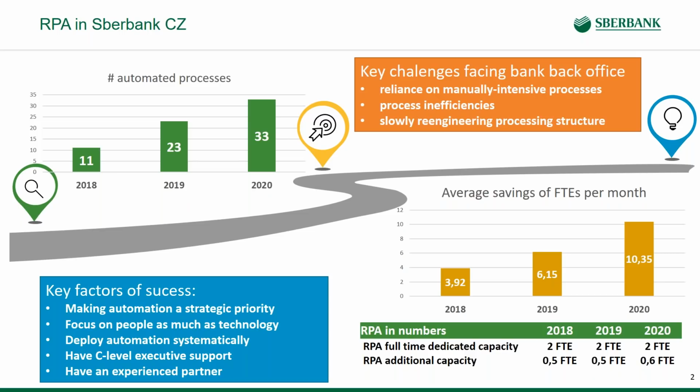So I mean invest in people and new ways of working. It's also important to have a C-level executive support for the program. And last but not least, have defined clear strategic objectives for automation and understand both the costs and benefits of automations, which brings me to today's topic.